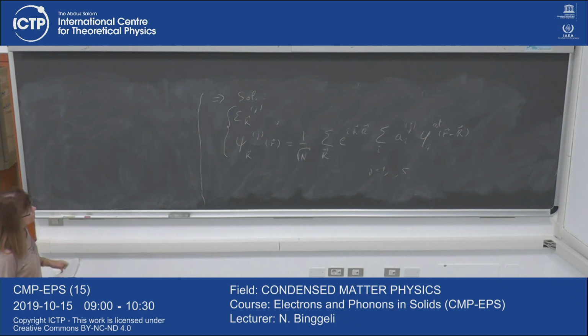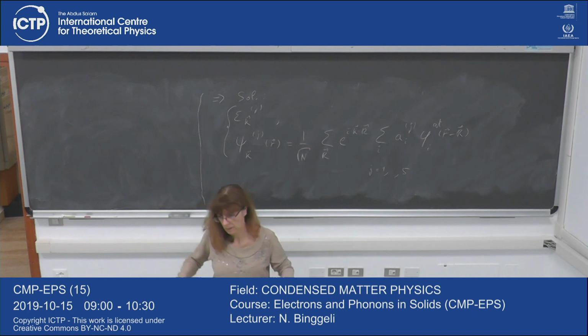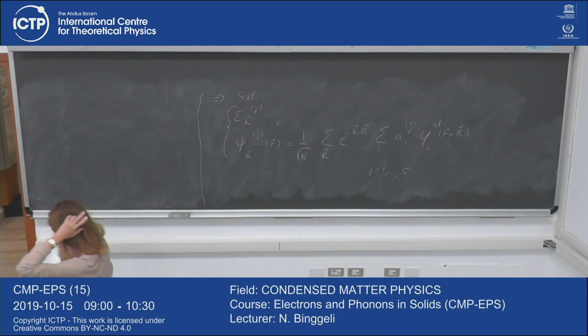Now, I just want to make some remarks. When the lattice constant becomes very, very large, in the limit where the atoms go far apart, this means that the distance between atomic sites will become extremely large.